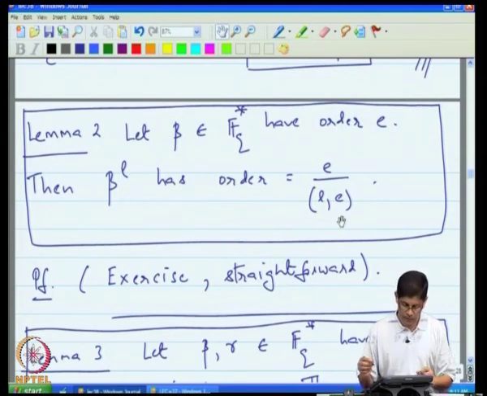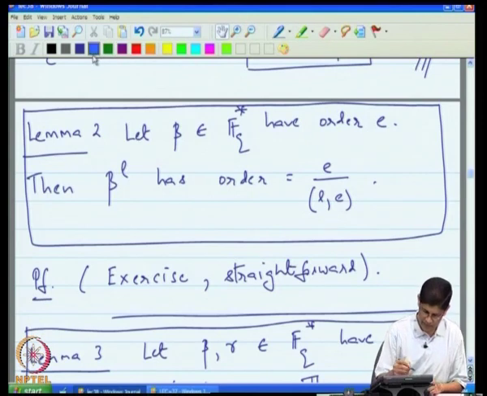And so, just to illustrate, perhaps I will do a side calculation here.